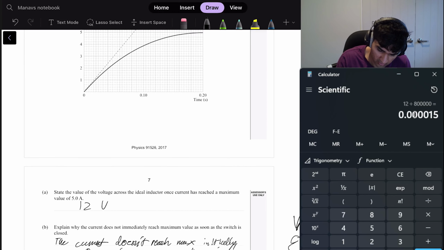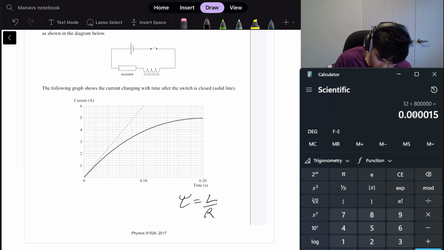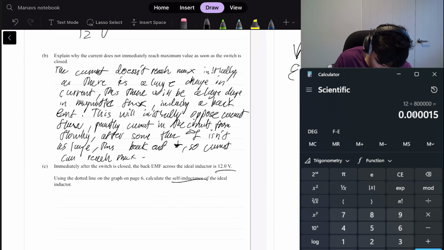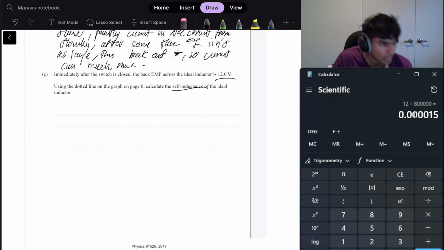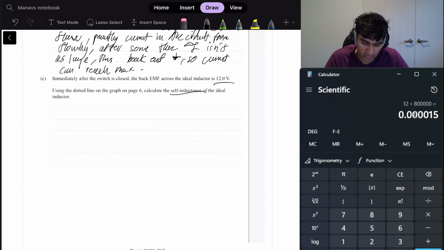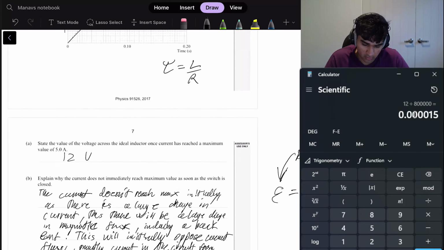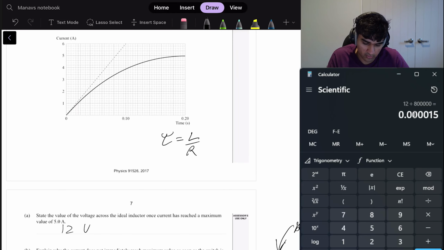This is T. We got T equals L over R. What? Never mind. Okay. Hold on a minute. Using the dotted line on the graph. Oh, so it's this one. Oh, we can do the rate of change.